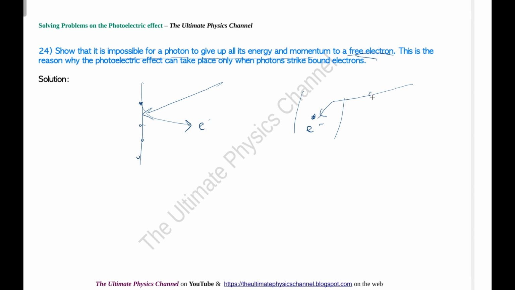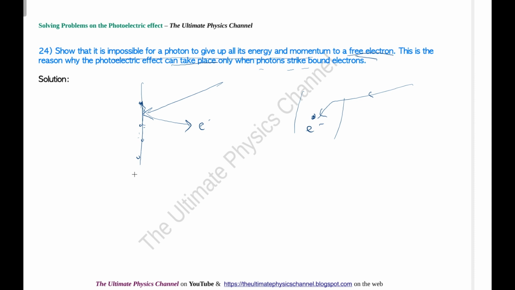Show that this is true. That's the question. This is the reason why the photoelectric effect can take place only when photons strike bound electrons, bound to the metal surface or to an atom in the metal.